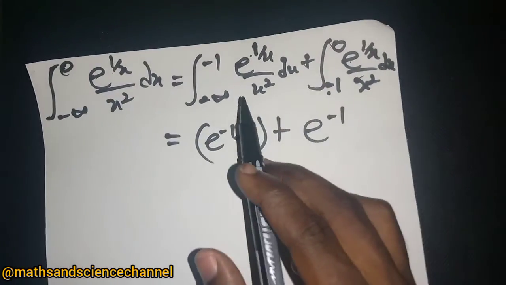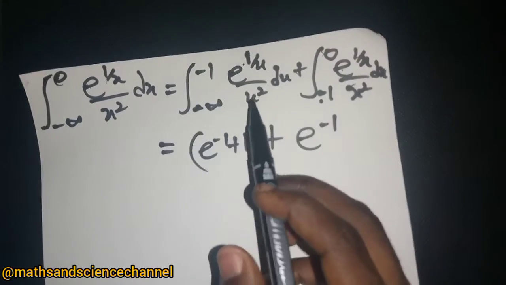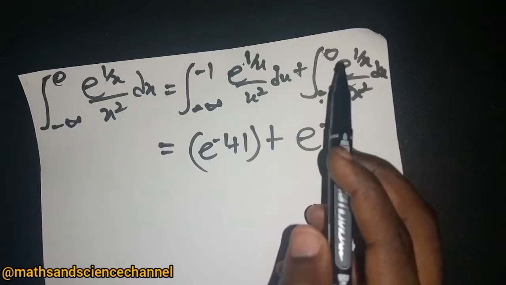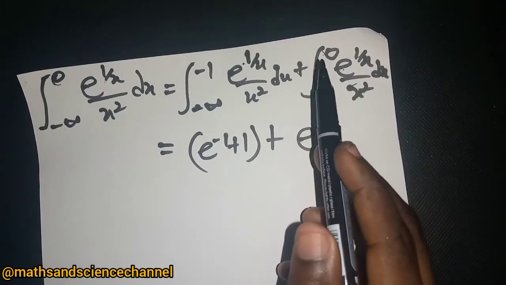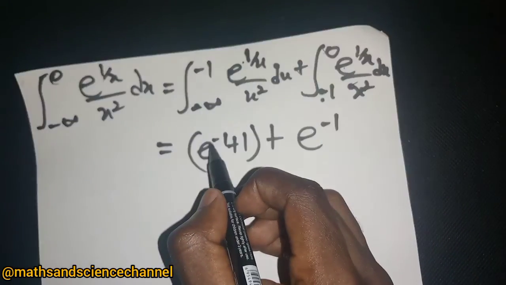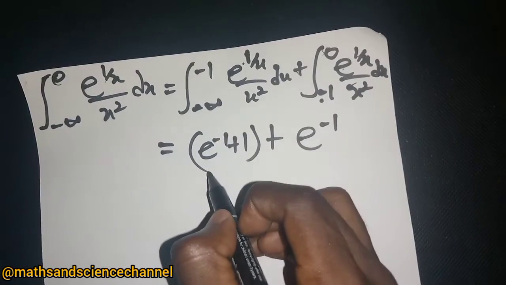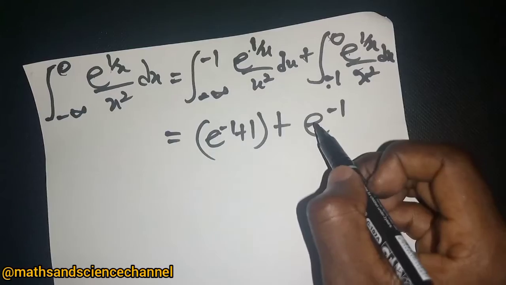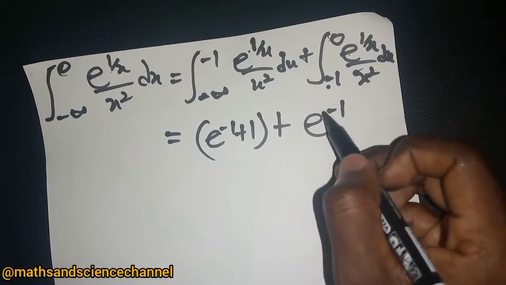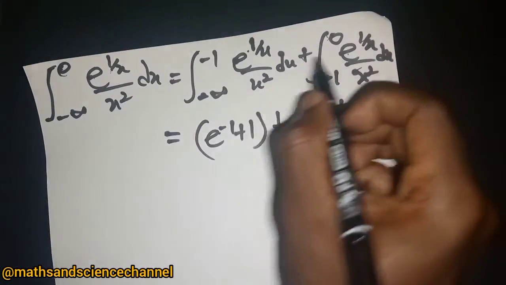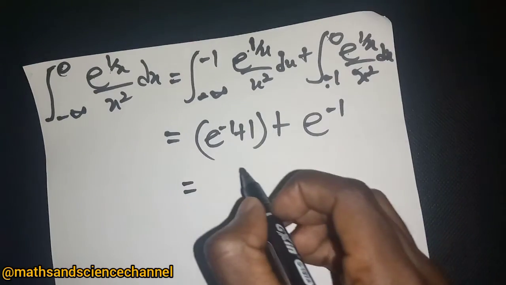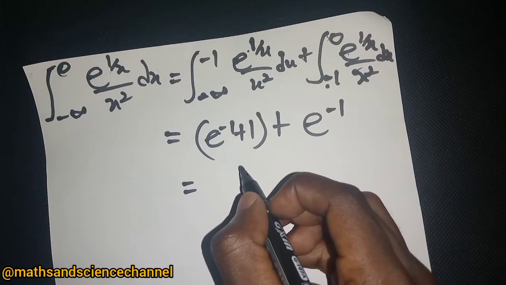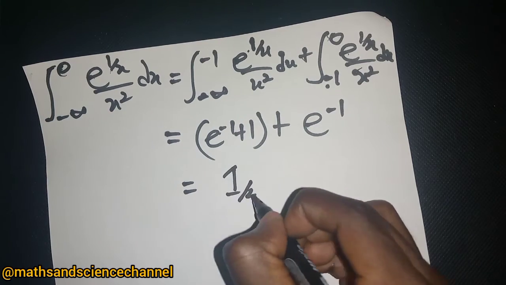Now if you look at the two integrals, as I said from the beginning, we split these two integrals because we are sure that both will converge, right? So if you had this, you realize that you're getting some decimal values which converge. Exponent negative 1 will also converge. So when we sum these two integrals up, we are having our final answer to be just 1.